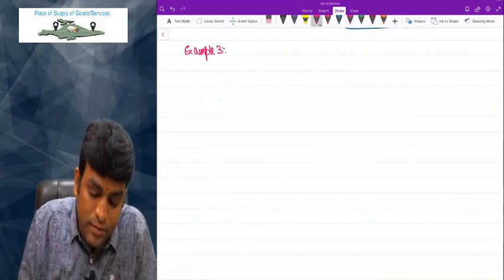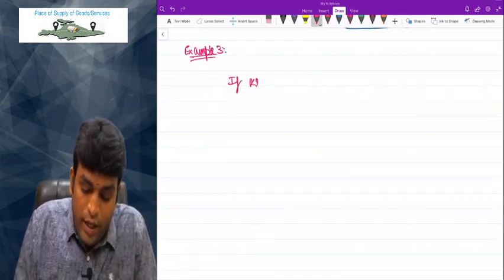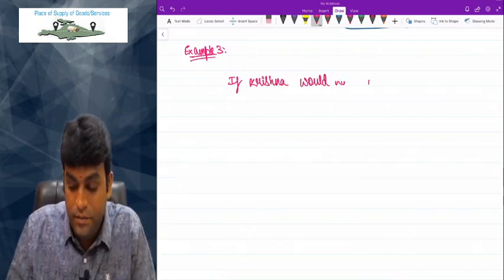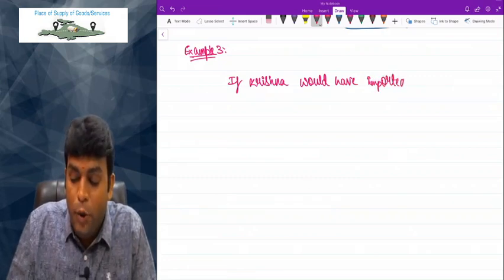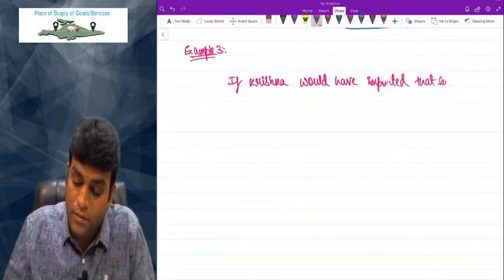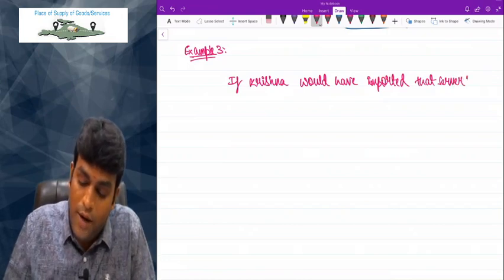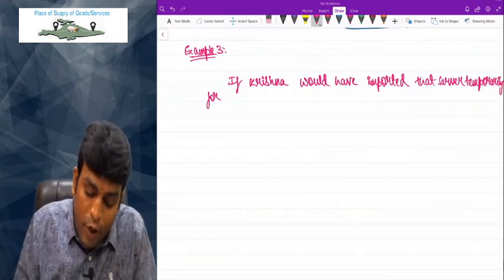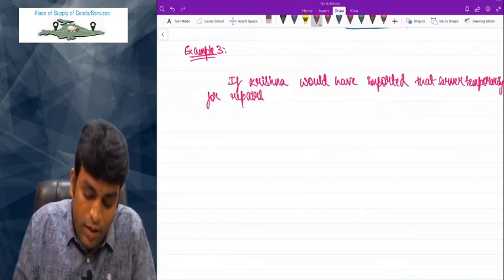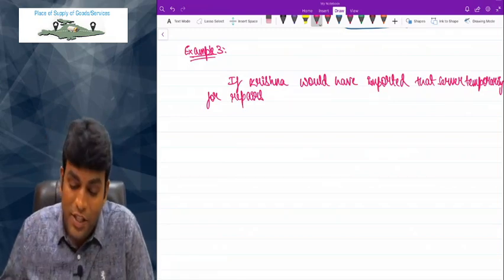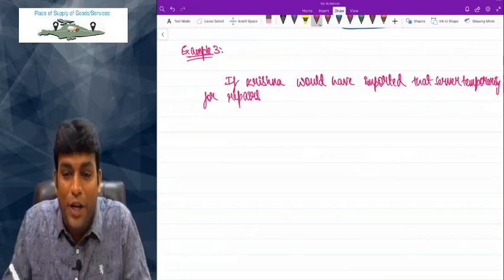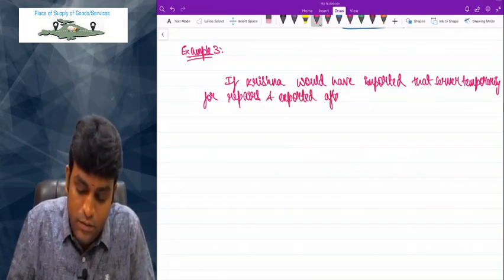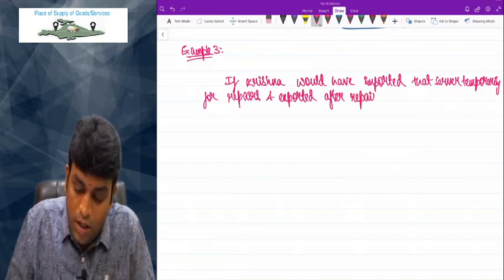Example 3. If Krishna would have imported that server temporarily for repairs and exported it after repairs.